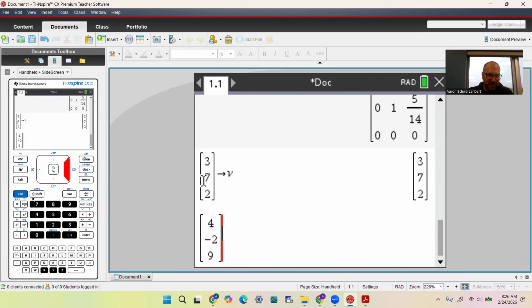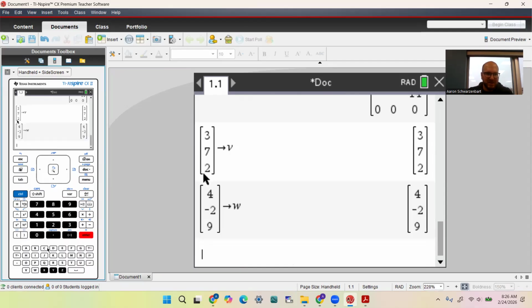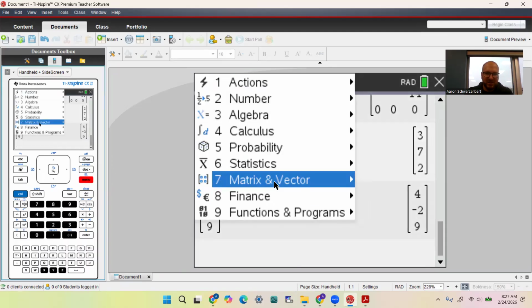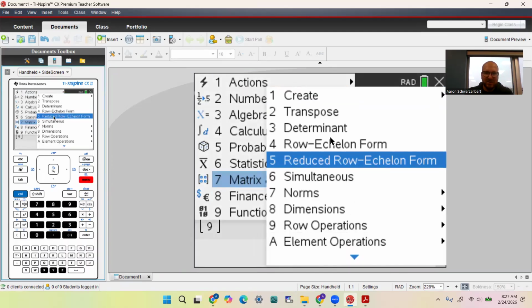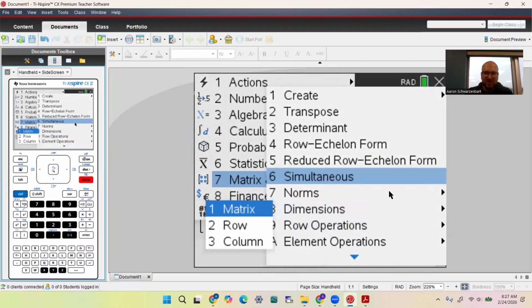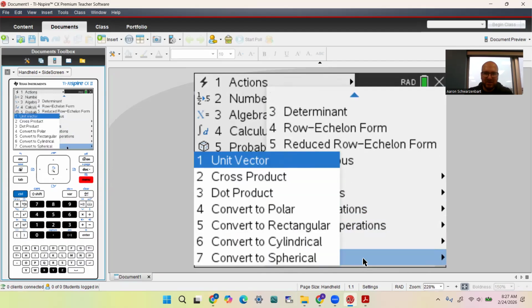And I'm totally a fan of this: store them as letters, so you don't have to retype them. Now, menu, matrix, and vector.